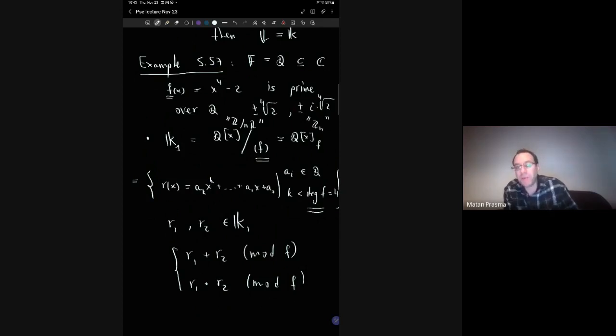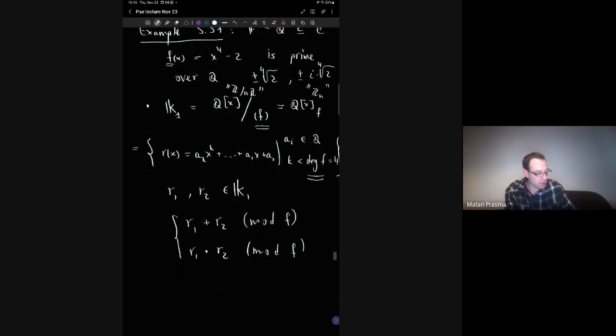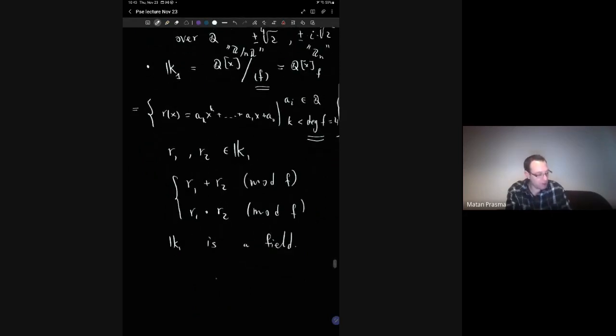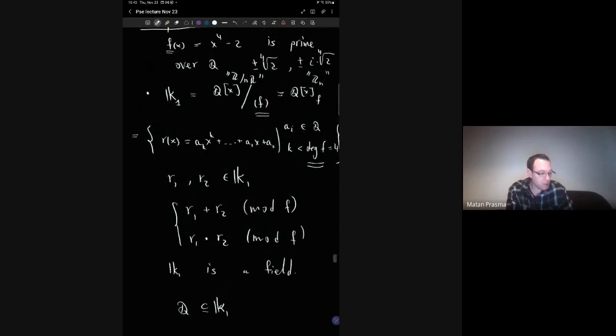I mean, you get a multiplicative inverse for every element. And so K1 is a field. Now, K1, of course, contains Q, because you can consider the constant polynomials. I mean, the ones with only a free coefficient x0.